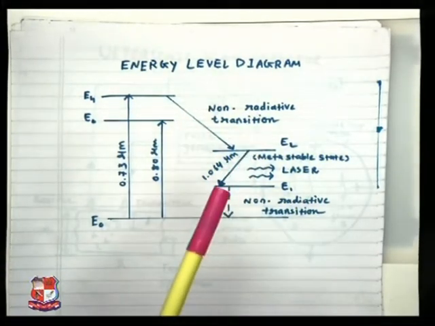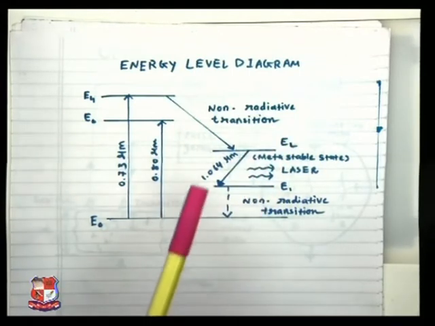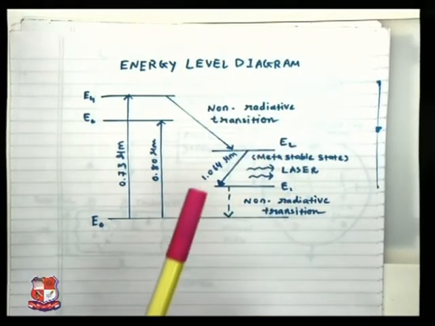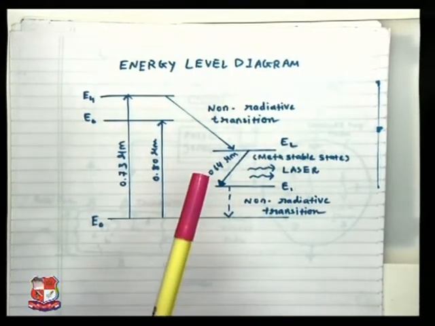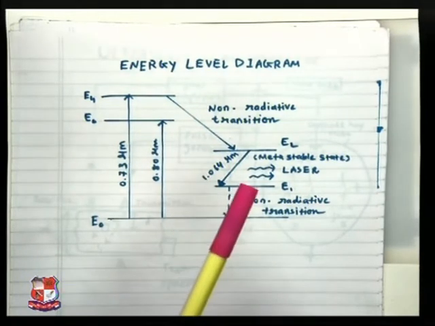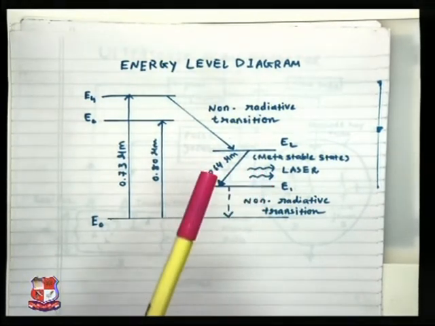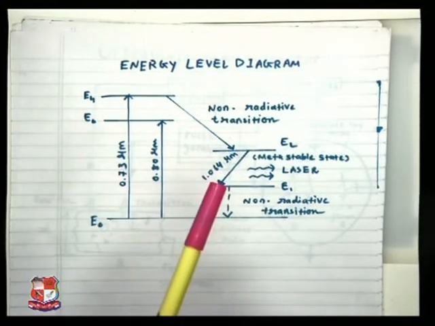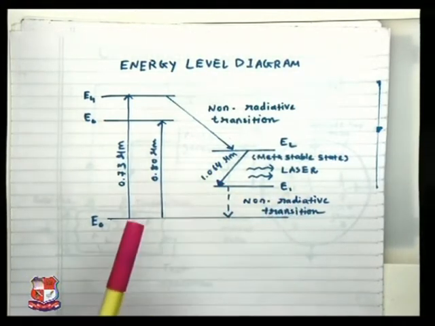Then during this transition, that is from E2 to E1, when the ion travels from E2 to E1, it generates photons of 1.064 micrometer, which is the stimulated type of emission.